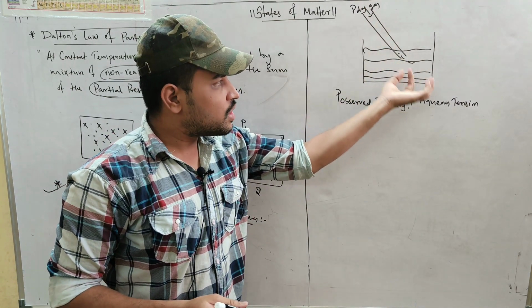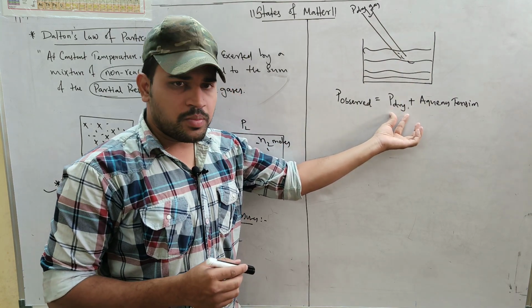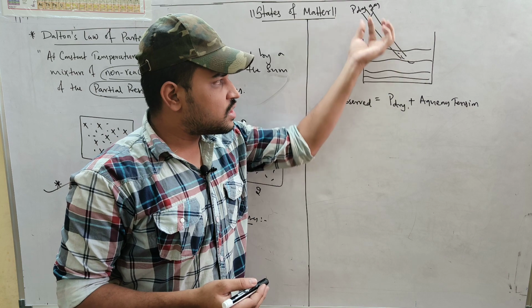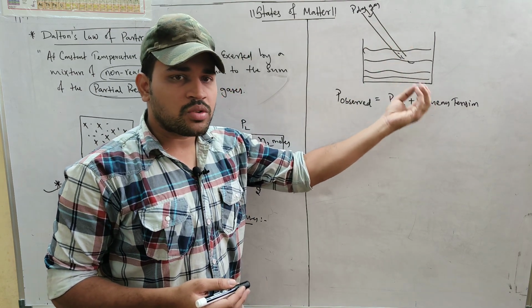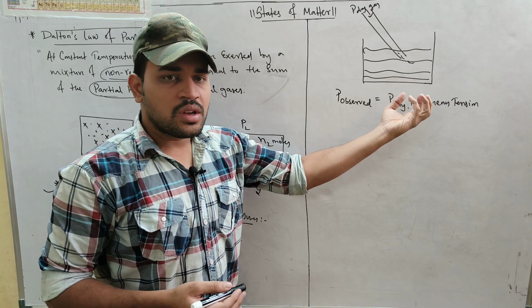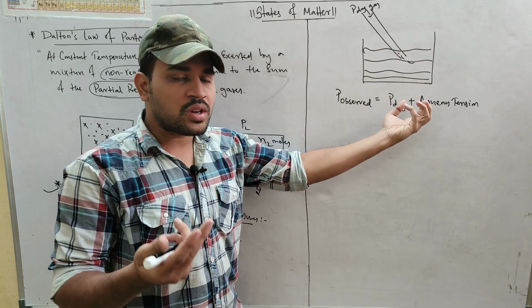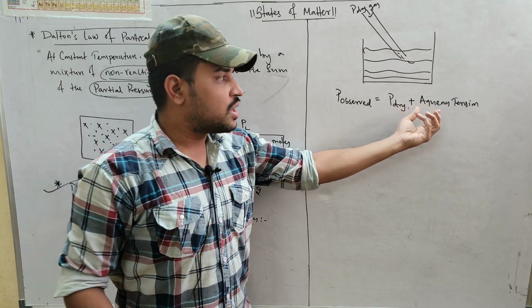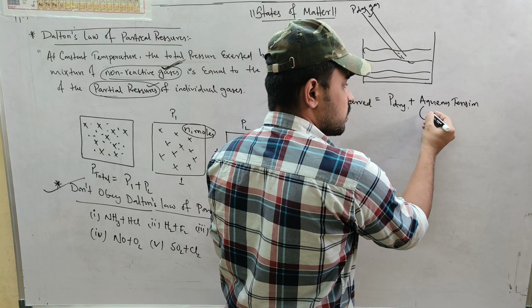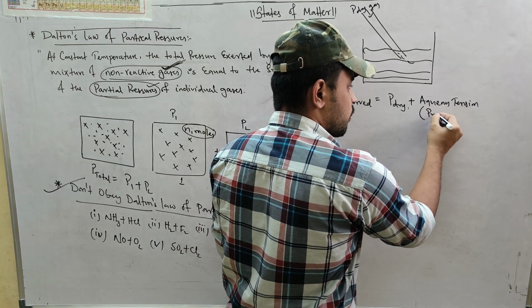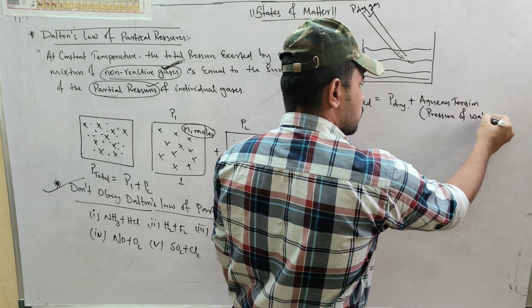The gas already has a pressure, called the pressure of dry gas. Since it is going into the water, the water also provides a certain amount of pressure, because the dry gas contains some moisture. Because of that moisture, it has extra pressure, called aqueous tension. So aqueous tension means the pressure of water vapors.